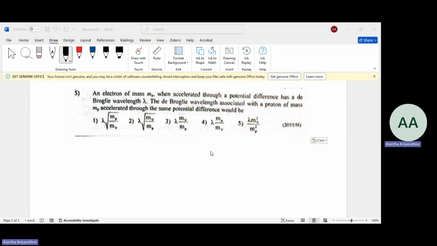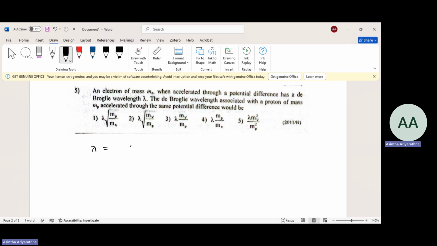Second question: an electron of mass m_e when accelerated through a potential difference has the de Broglie wavelength lambda. The de Broglie wavelength associated with a proton of mass m_p accelerated through the same potential difference would be?